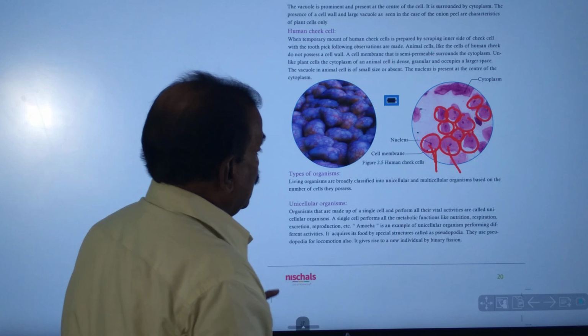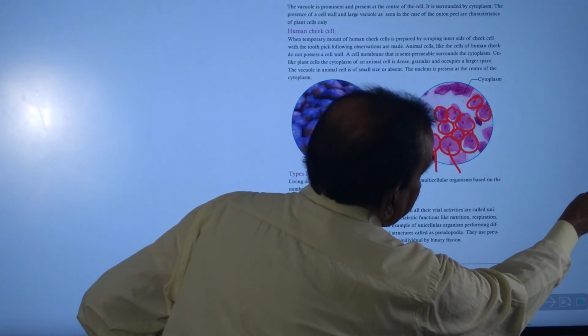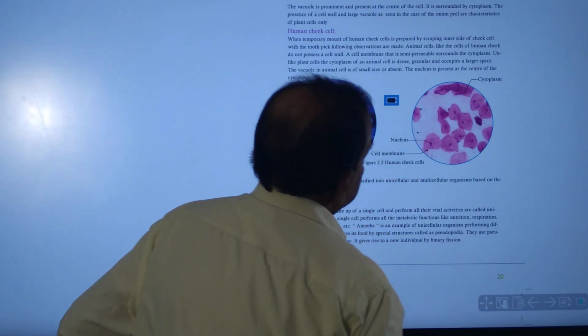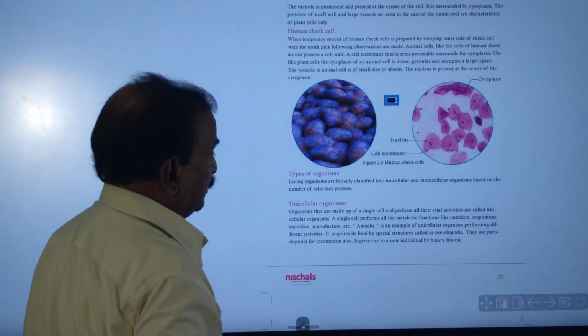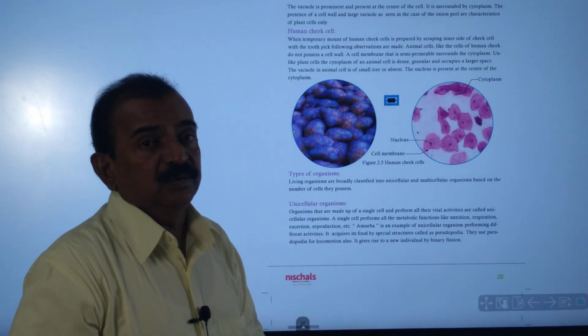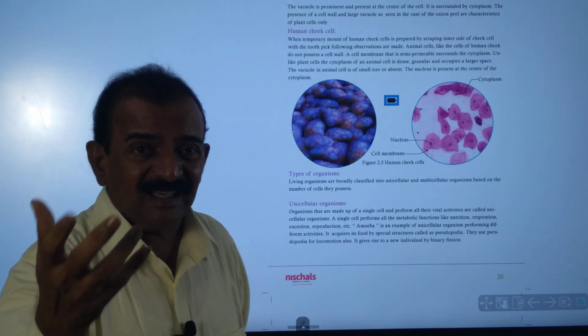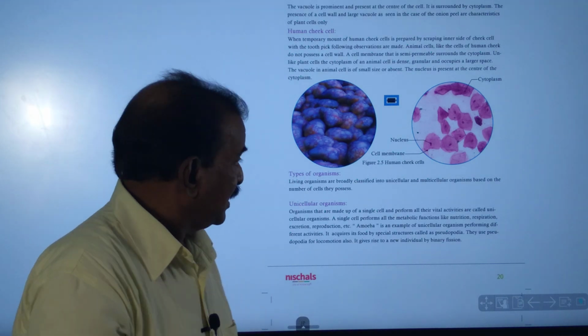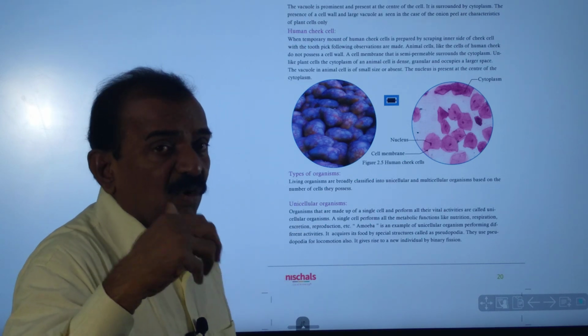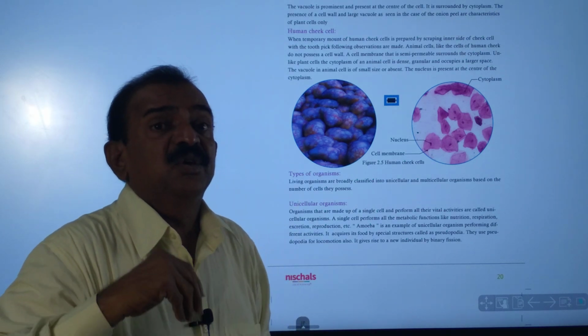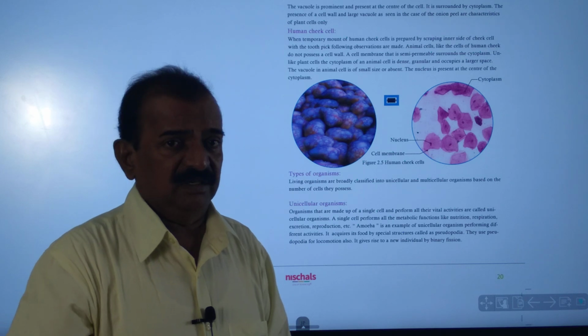Now you need to understand about types of organisms. Based on the shape and the size, living organisms are broadly divided into unicellular and multicellular organisms.